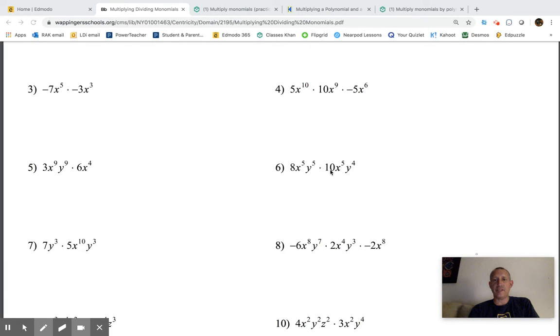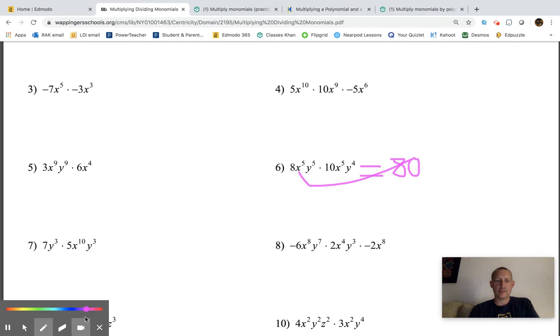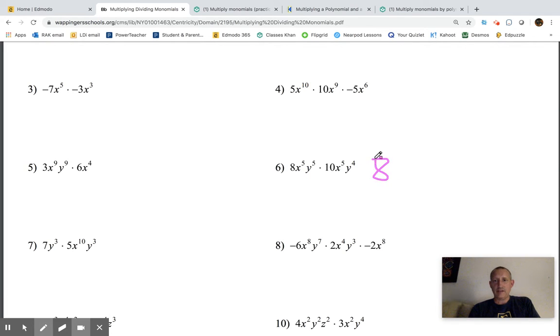So we have 8 times 10. Those are the coefficients. We're multiplying the coefficients together. So that's going to give us 80. Eight times 10 is 80. So we have 80.